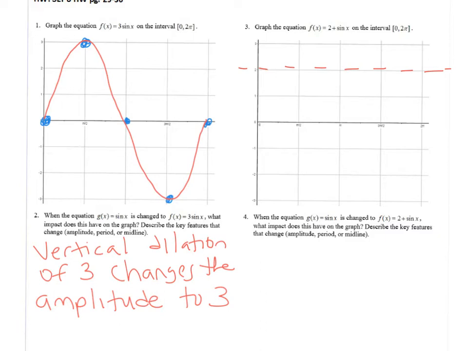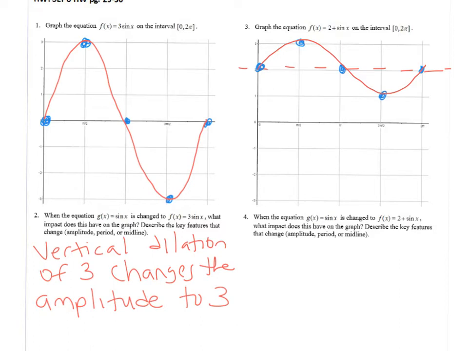Now using our 5 key points, we've got middle, maximum, middle, minimum, and middle. Notice the amplitude didn't change. There's still a 1 in front of sine of x as a coefficient. And there's our sine graph shifted up 2.